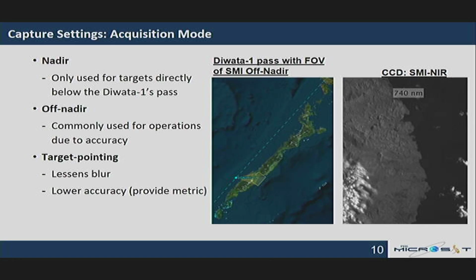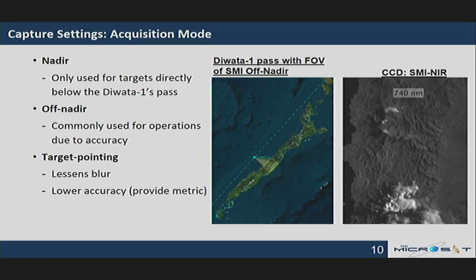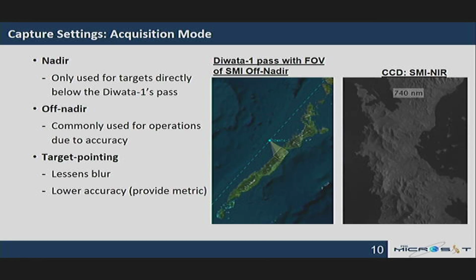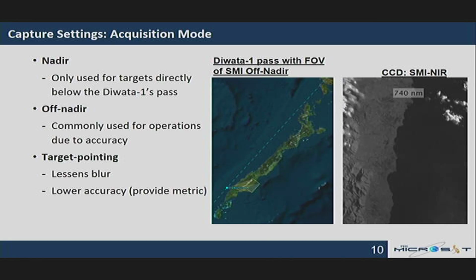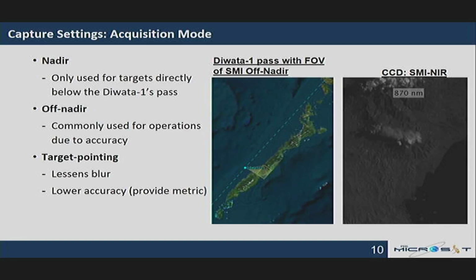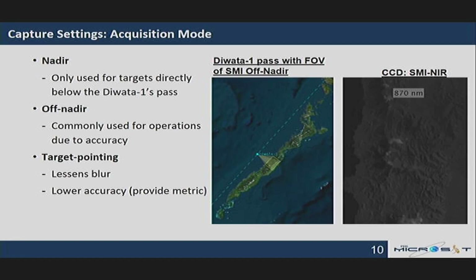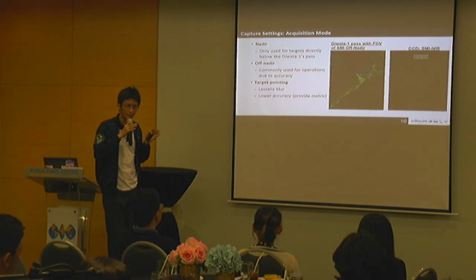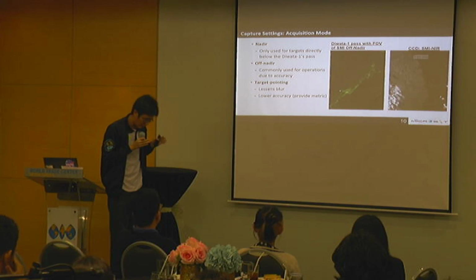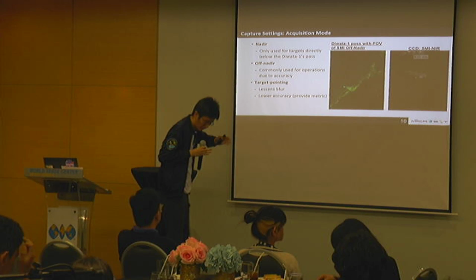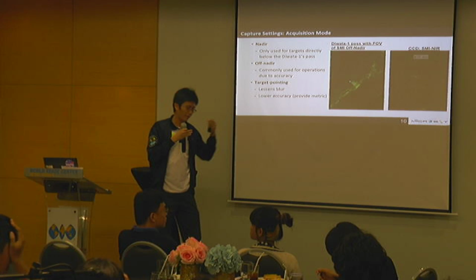And the nadir and off nadir actually just means that we want to fix Diwata's position relative to the Earth. So in nadir, while it's moving, Diwata 1 will just look straight down, and it's taking pictures every few seconds.